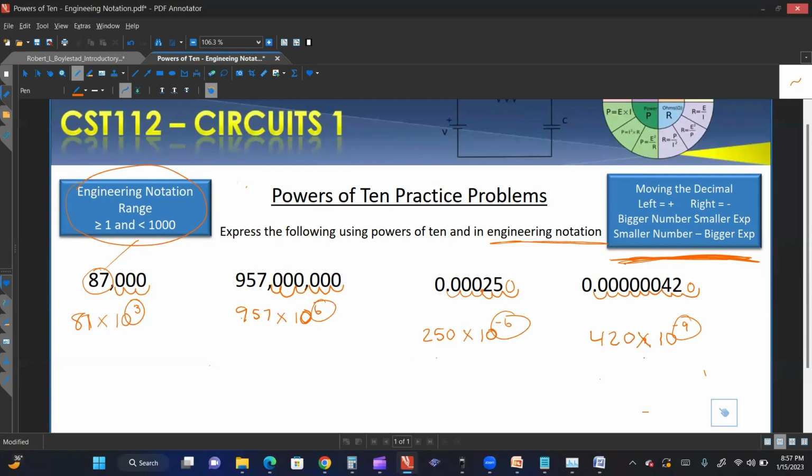For example, if you came down here, made a mistake and said it was 25 times 10 to the minus 5, well, of course this 25 meets the engineering notation criteria, but the exponent is not a multiple of 3.